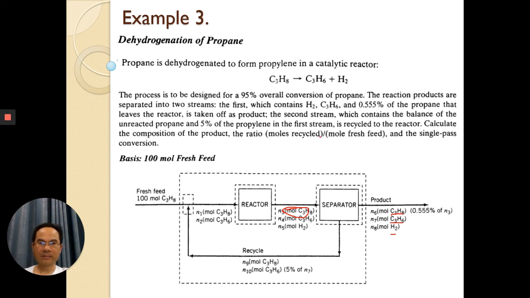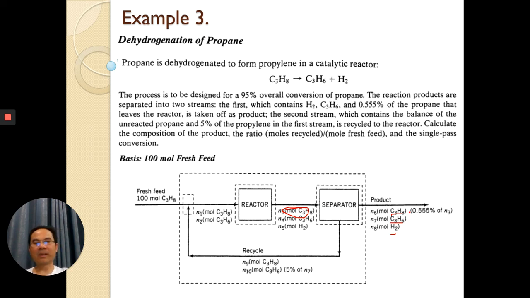The second stream is the recycle, which contains the balance of the unreacted propane, and 5% of propylene in the first stream. That means the propylene in the recycle is 5% of the propylene in the product stream.